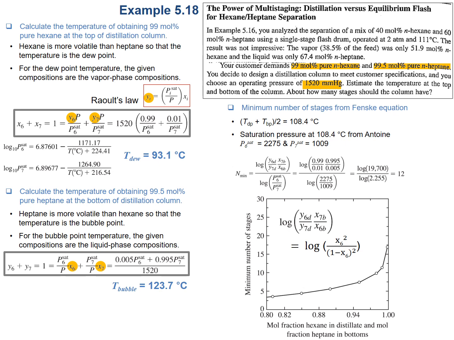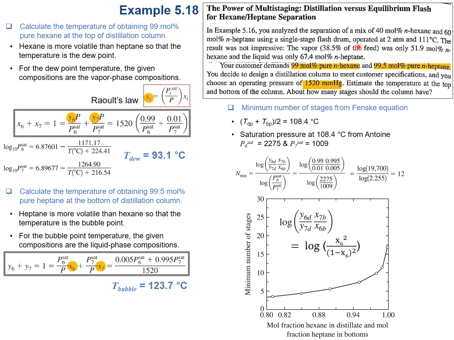Example 5.18. In example 5.16, the previous one, you analyzed the separation of a mix of 40 mole percent hexane and 60 mole percent heptane using a single stage flash column operated at 2 atm and 111 Celsius degrees.